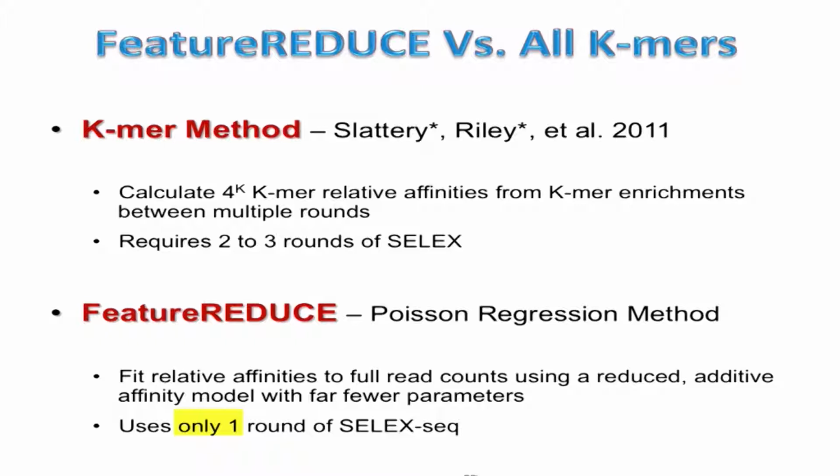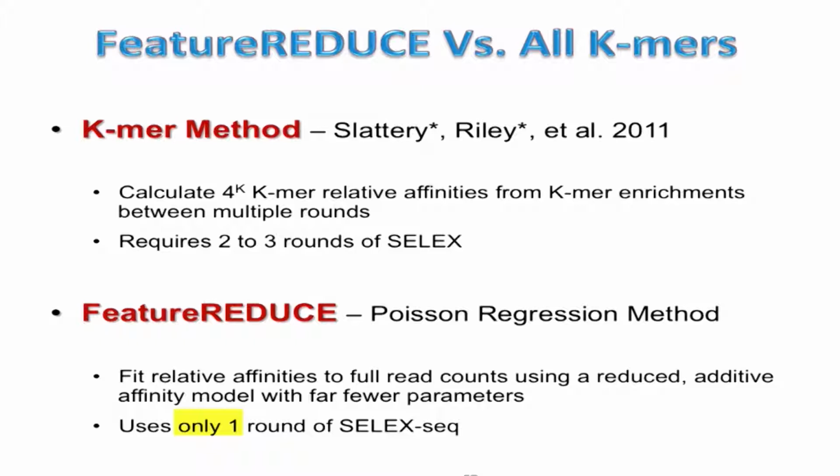That's a major reduction in the number of parameters, a lot less than 4 to the K. Up here, you have a parameter for every possible Kamer. Whereas here, instead of using 4 to the K parameters, it's really only 3n plus 1 parameters, where n is the length of the binding site. That's how many parameters you have in your SAM matrix, plus additional parameters for your dinucleotide dependencies if you have any.